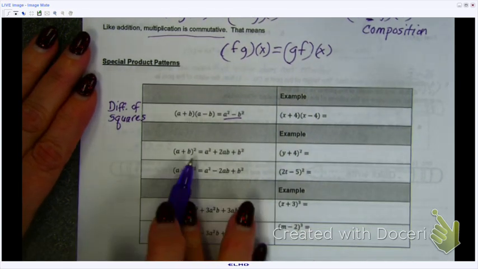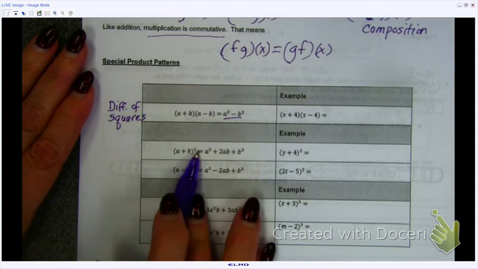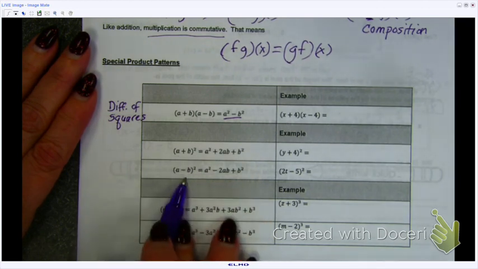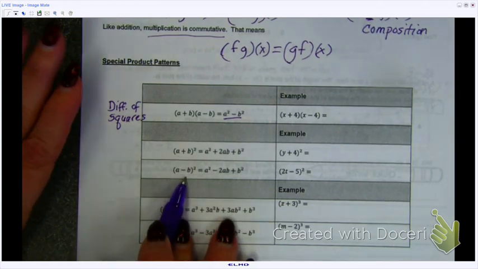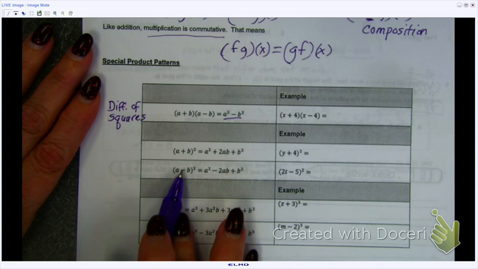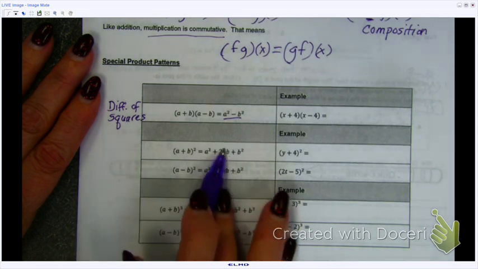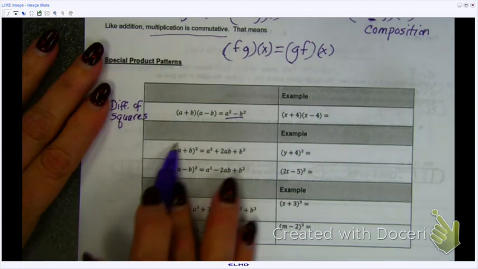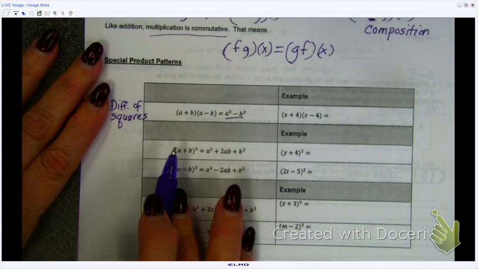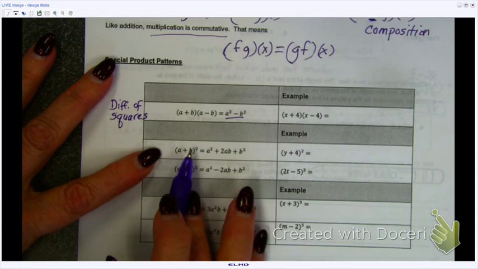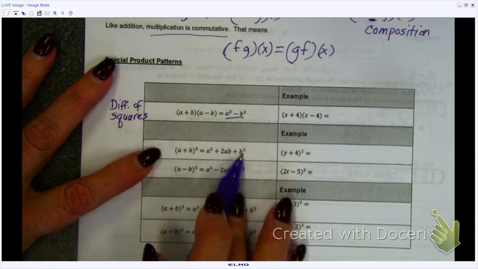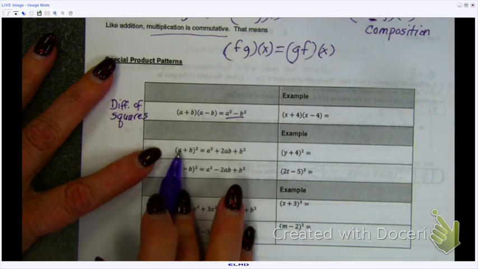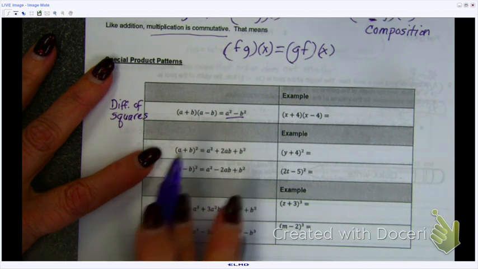This one is the perfect square of a sum, and this is the perfect square of the difference. The only difference between these two is that's a plus 2ab and this is a minus 2ab. But when it's a perfect square, it'll be the first term squared at the beginning and the second term squared at the end, and the middle term is going to be a times b times 2.